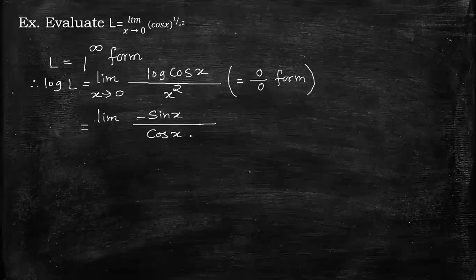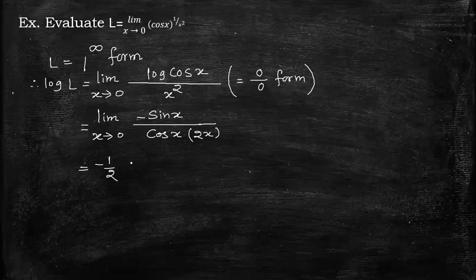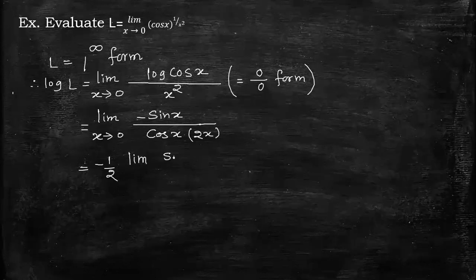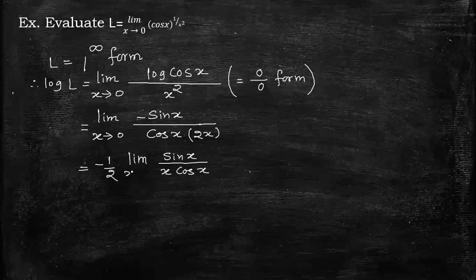Now derivative of denominator, that is derivative of x square, is 2x as x tends to 0. This is equal to minus 1 upon 2, then limit sin of x upon x into cos of x as x tends to 0.